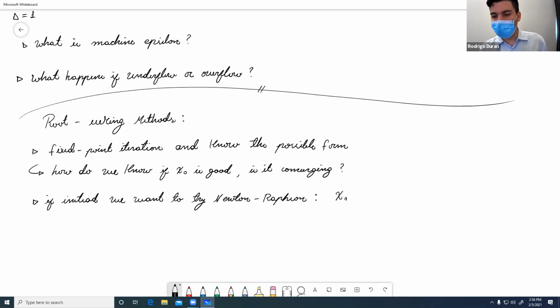The Newton-Raphson form is: the next approximation of the root is equal to the current approximation of the root minus the function evaluated at the current approximation of the root, divided by f prime of the current approximation of the root. So if they ask you to put it in the Newton-Raphson form, that will be the equation that you will use. If they ask you to put it in the secant method form, you will use the equation for the secant method. All of these formulas are provided to you in the formula sheet.